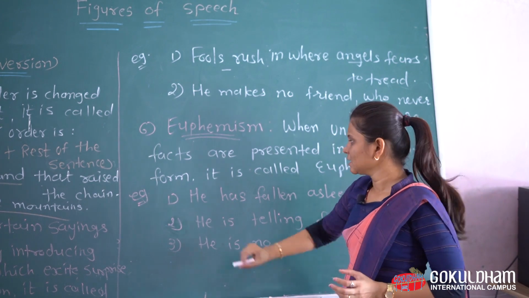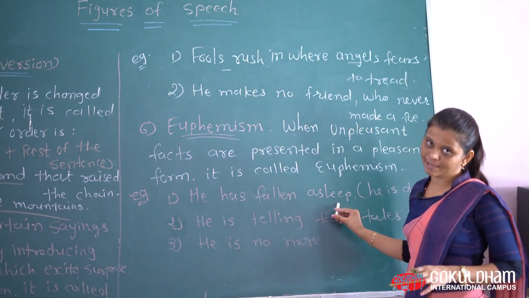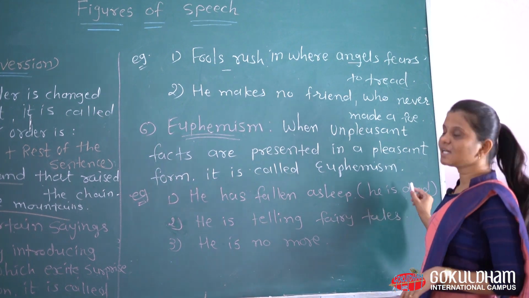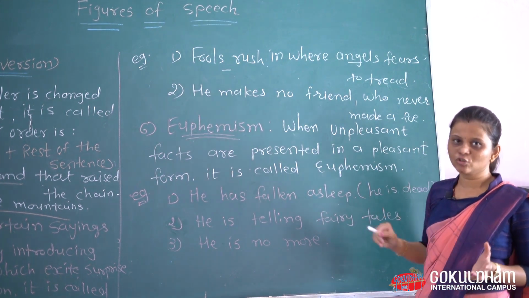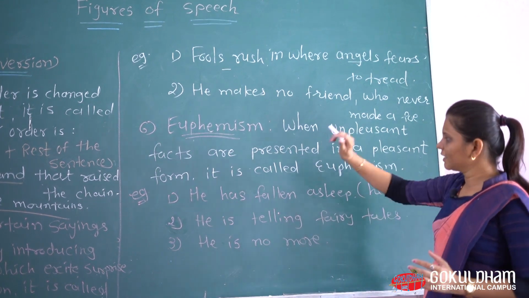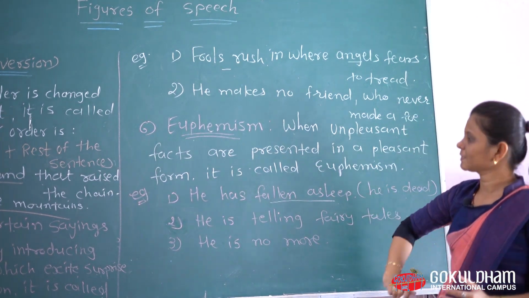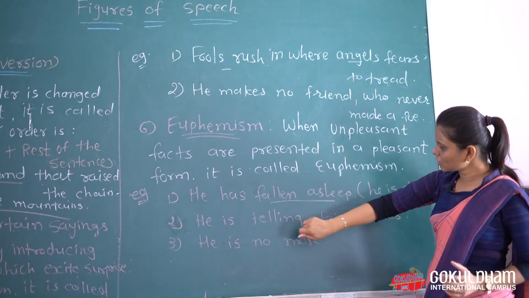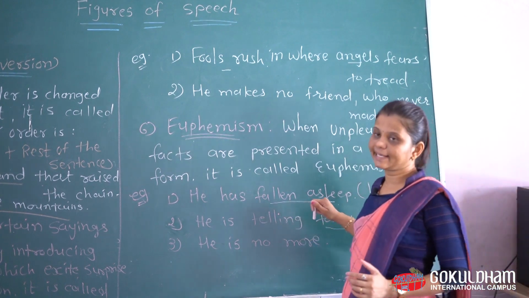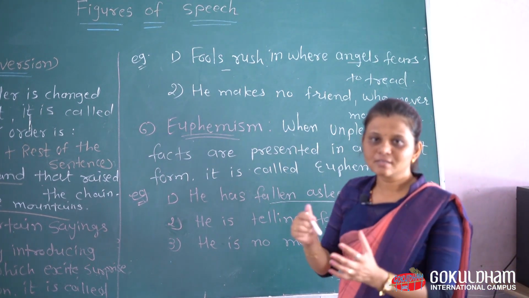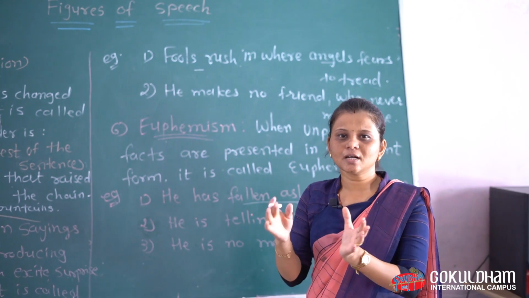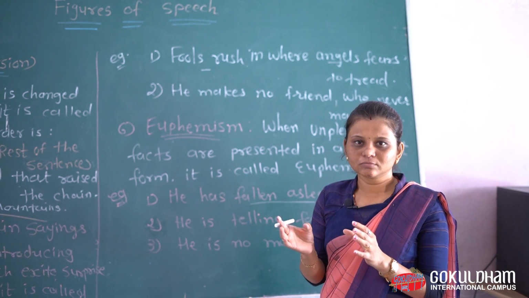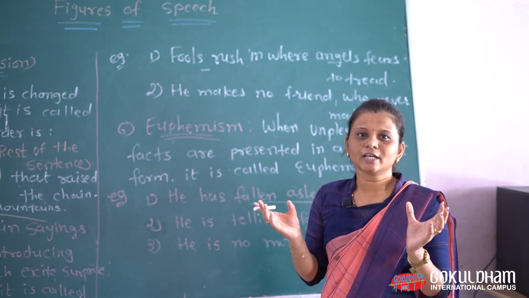Look at the examples. He has fallen asleep. That doesn't mean he fell asleep, but it means he is dead. At that time, it is not said directly that he is dead, but fallen asleep is used. Number 2, he is telling fairy tales. This shows that they are not saying something wrong, not good, or not right, like gossiping.